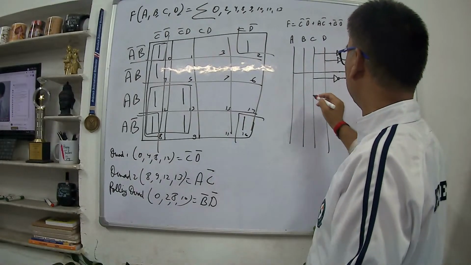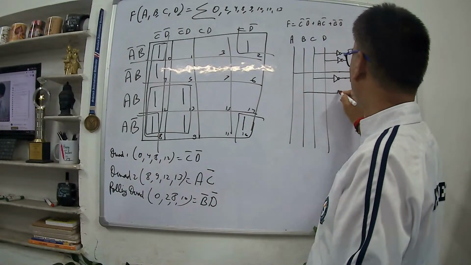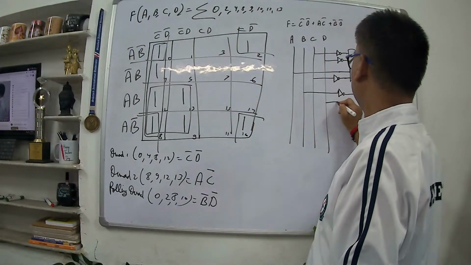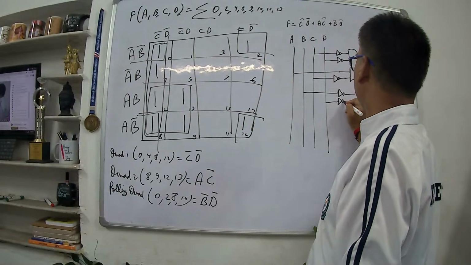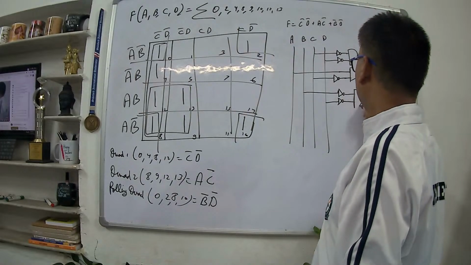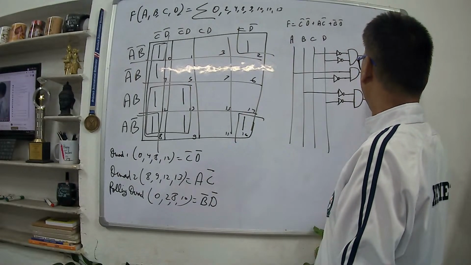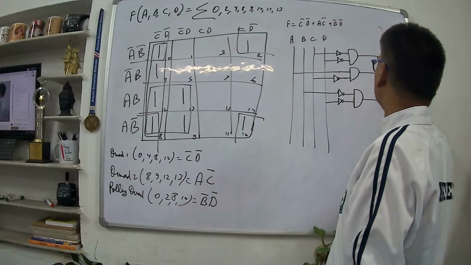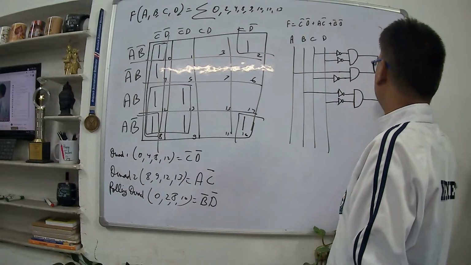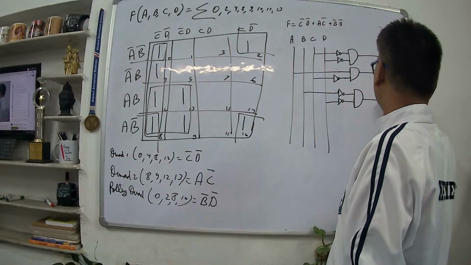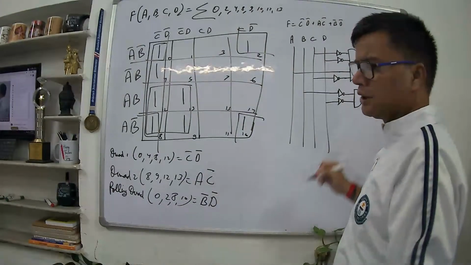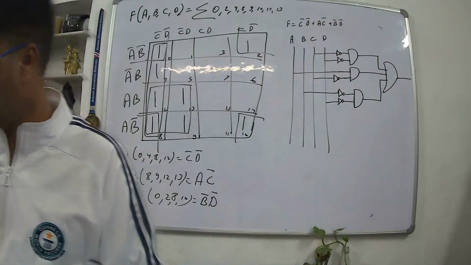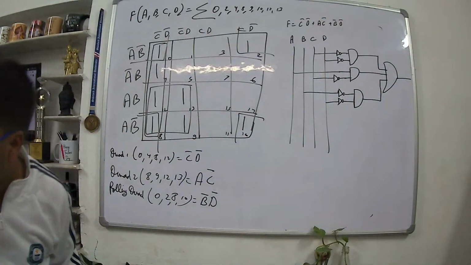Then B bar D bar, B bar, D. And all these three we will pass through an OR gate. This will be the logic circuit. I hope it is clear to everyone.